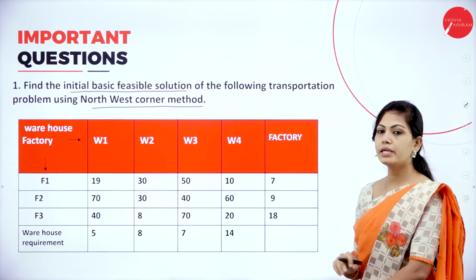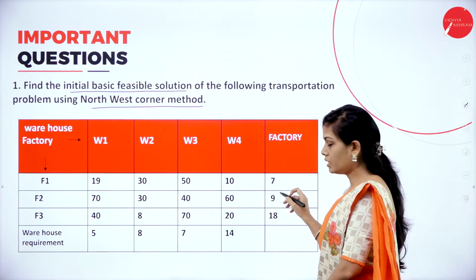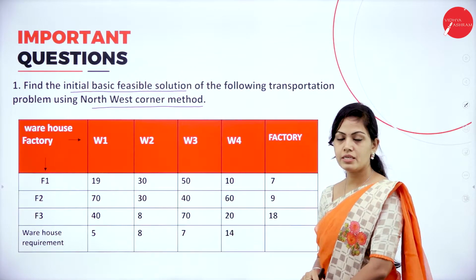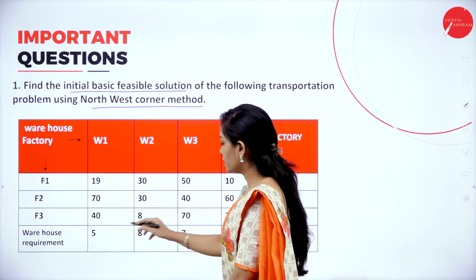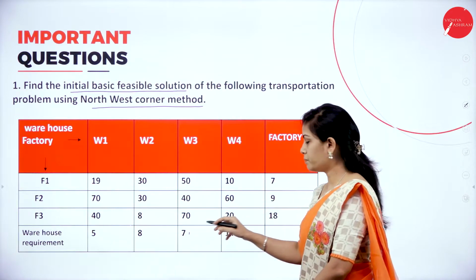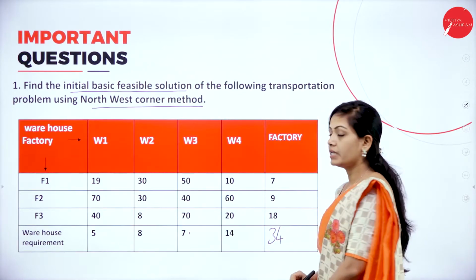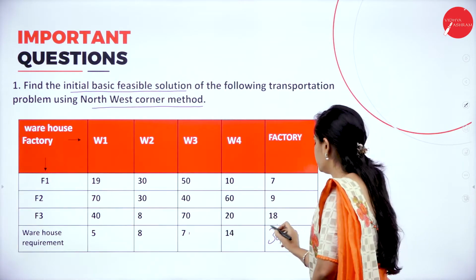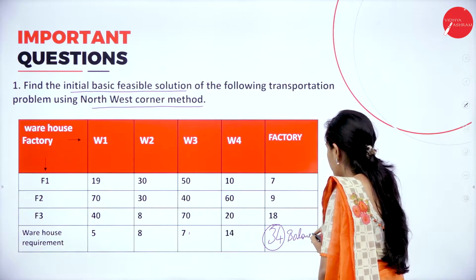Add all the demand and supply value here. So 7, 9 is 16, 16 plus 18 is 34 and 5, 8 is 13, 13 plus 7, 20, 20 plus 14 is 34. Is it balanced? Yes, it is a balanced problem.